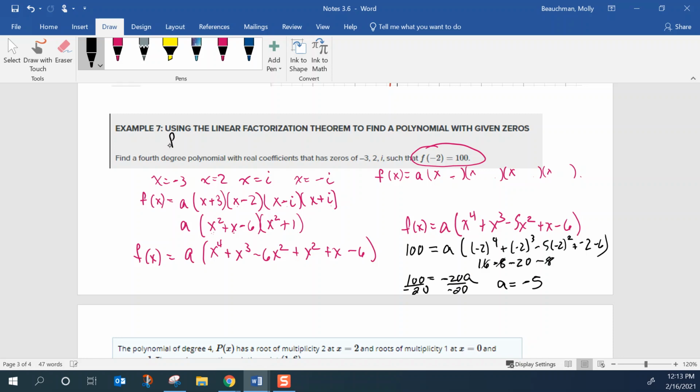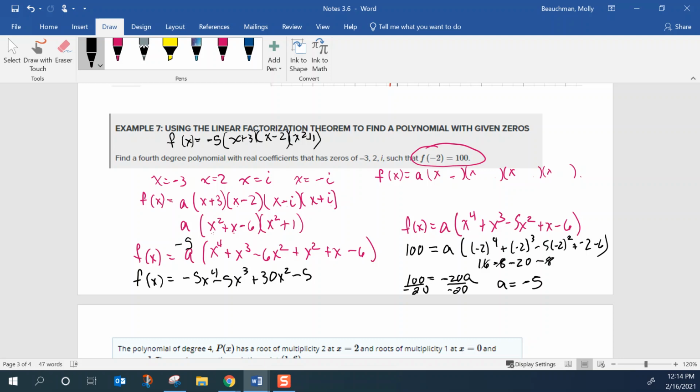So if I want to put it in factored form, my polynomial would be negative 5 times x plus 3, x minus 2, and I could also have that x squared plus 1. Or if you want it multiplied out, f of x would be your result when you take negative 5 and multiply it through your polynomial.